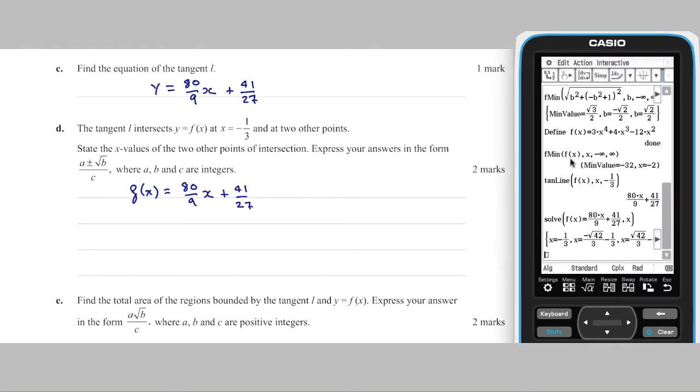The initial solution is the point of tangency C. The other 2 solutions would be x equals minus square root 42 on 3 minus 1/3, and x equals root 42 on 3 minus 1/3. Looking at the form of the solution that is required, we can rewrite our solutions in the following way. x equals -1 plus or minus the square root of 42 all on 3.